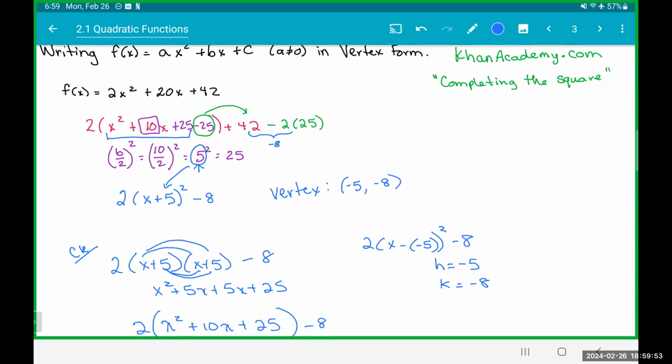And so that is our b divided by 2. B is 10. So 10 divided by 2 is 5. Right? 5. And then 5 squared tells us the number that we plug up here. And we're going to do more examples. And maybe it'll help be a little clearer when you see it happen multiple times. Does that make sense? Okay, thank you.